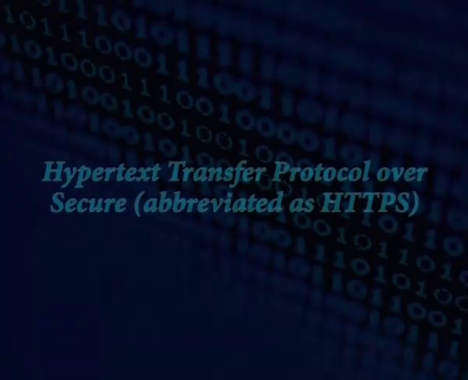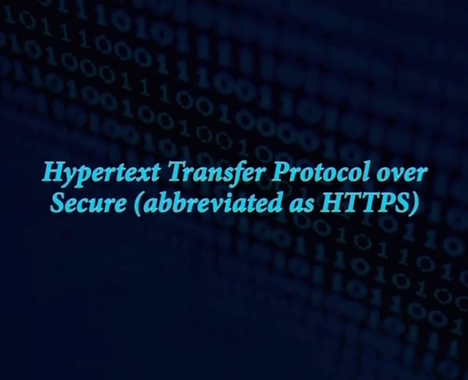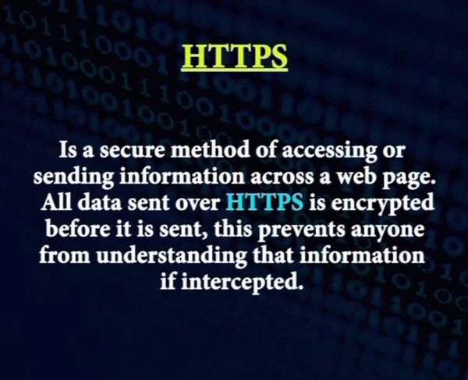As we are talking about HTTP now, these days we also use the term HTTPS. I will not be going into detail, but let's know what Hypertext Transfer Protocol over Secure, abbreviated as HTTPS, is. It is a secure method of accessing or sending information across a web page. All data sent over HTTPS is encrypted before it is sent. This prevents anyone from understanding that information if intercepted.